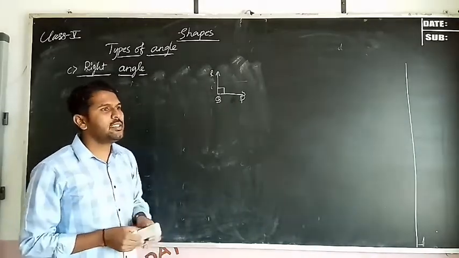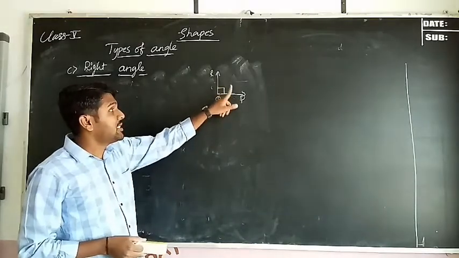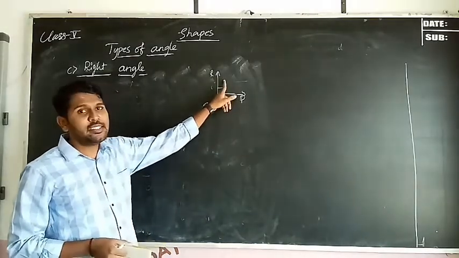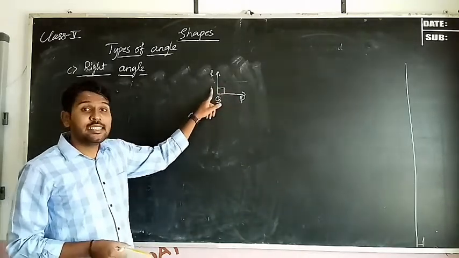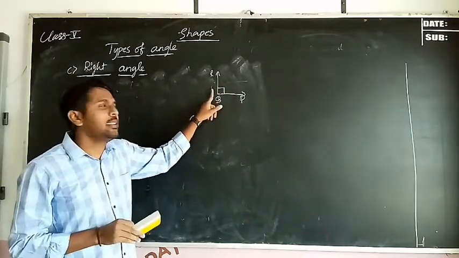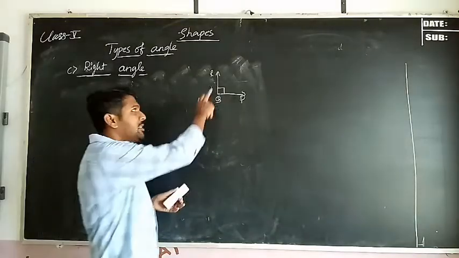Otherwise, the distance between initial ray and final ray is 90 degree. Otherwise, the final ray lies on 90 degree. So this one is the final ray.